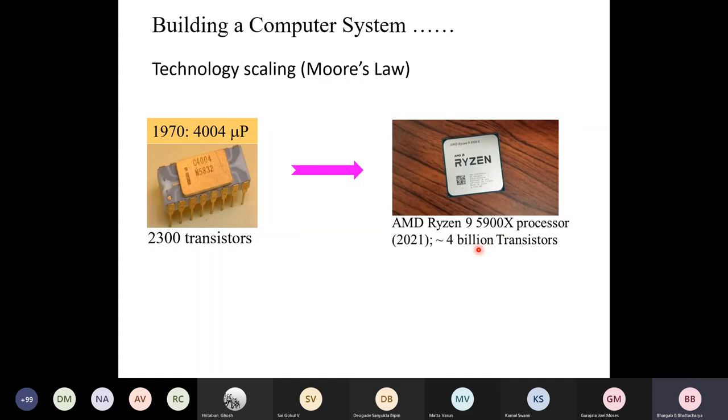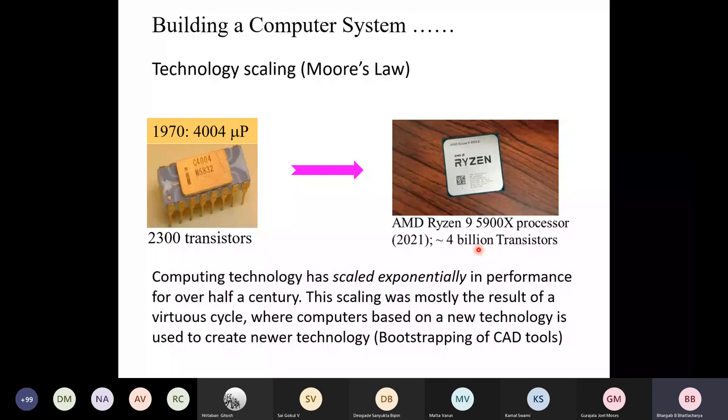Obviously, you need computer-aided design, because it's not possible to handle the design of such a large system manually. So you need computer-aided design tools. You use the previous computer to design the new generation of computer, and that's called bootstrapping.